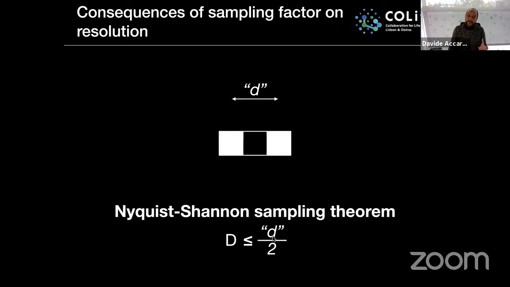That's because increasing the frequency of sampling in an image also has downsides, so it has cons: increased time of acquisition, higher photodamage, and the production of bigger and bigger data, which nowadays cannot be underestimated.